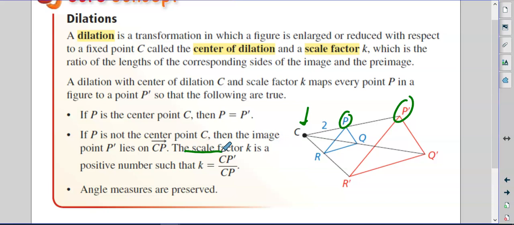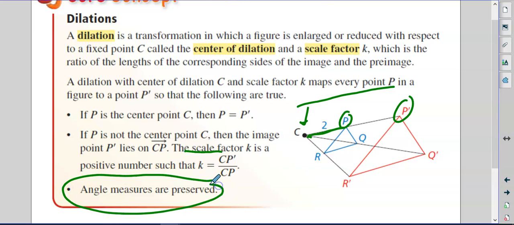CP is this length, and CP prime is that length. This is also very important: the angle right here does not change at all, no matter what happens with the shape.